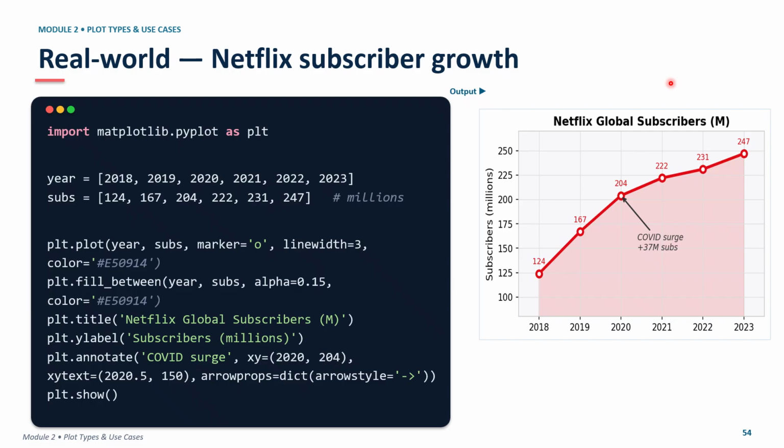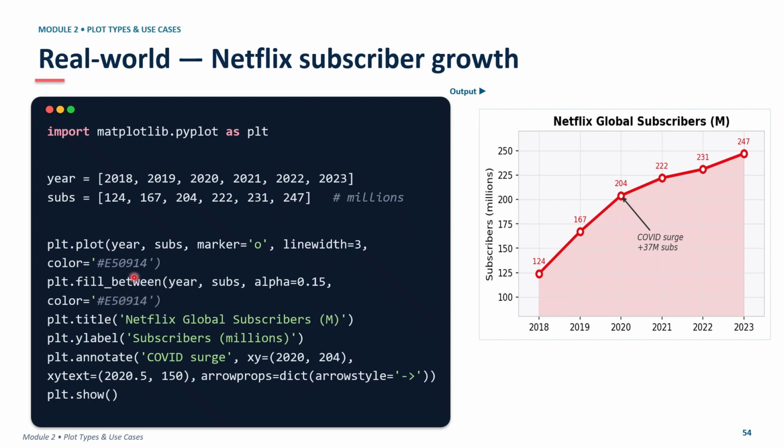You can make the plot with a line plot, and you can see the trend, how the number of global subscribers is increasing year after year. These are methods which you have already seen. I've introduced a method called fill_between.